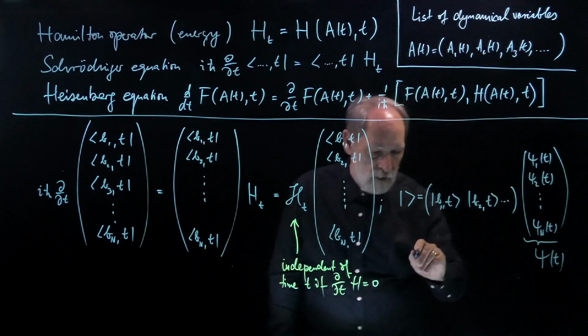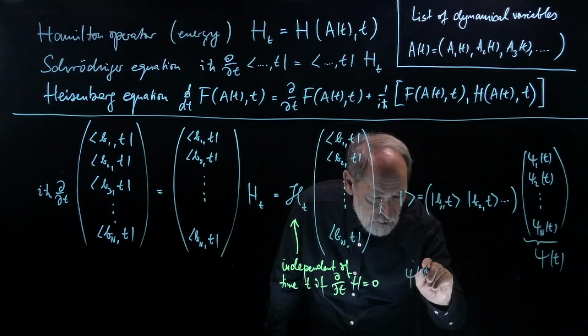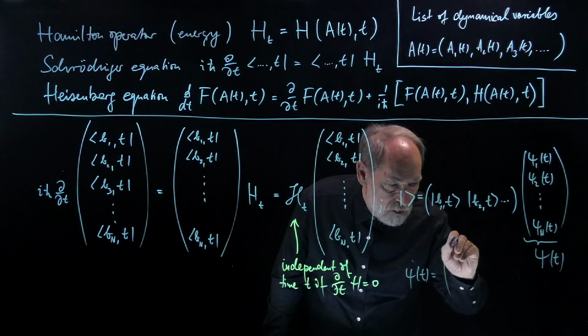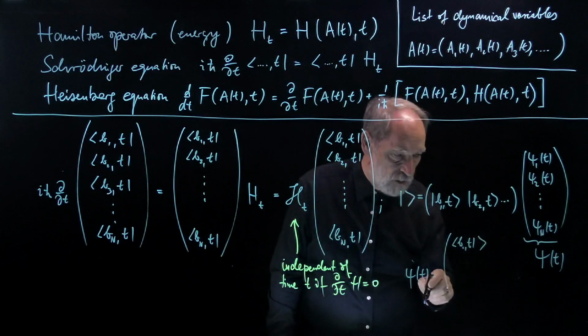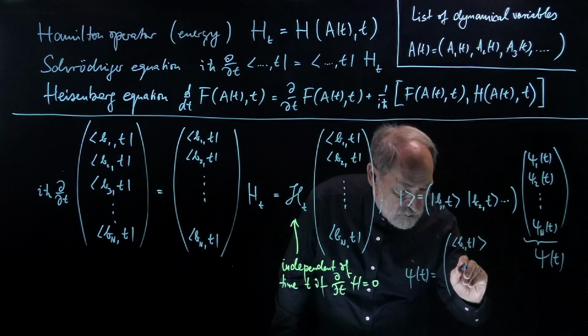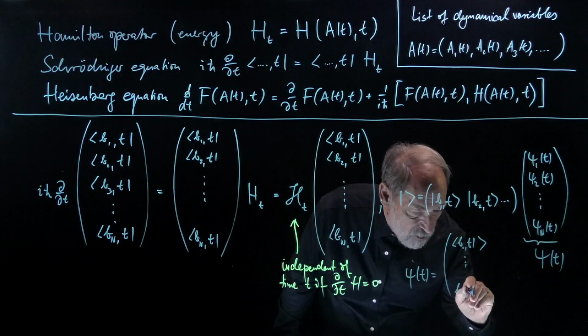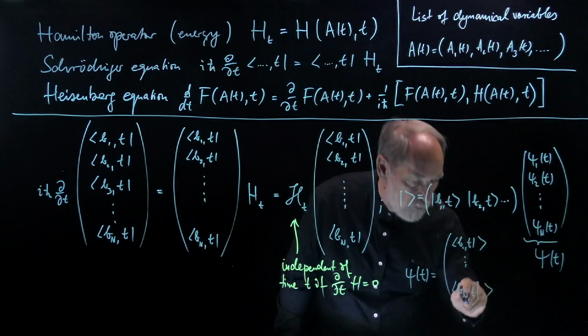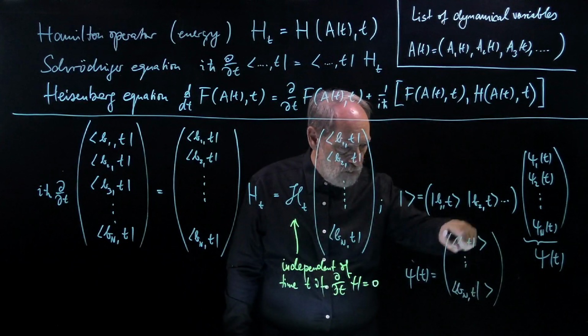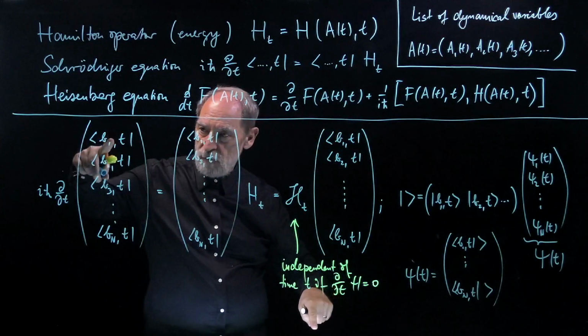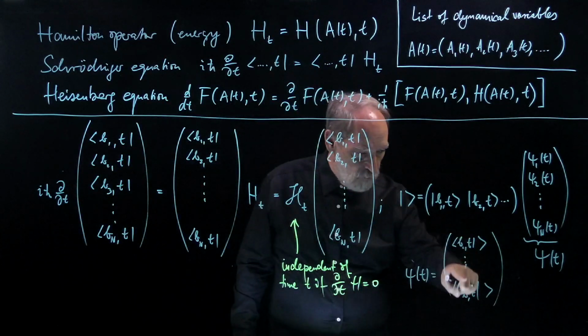And what is this column? The psi of t is equal to the b1 bra, forming a bracket with the state ket, and so forth to the bn at time t bra, forming a bracket with the state ket. And so here all the time dependence comes from these bras, again making up a column.